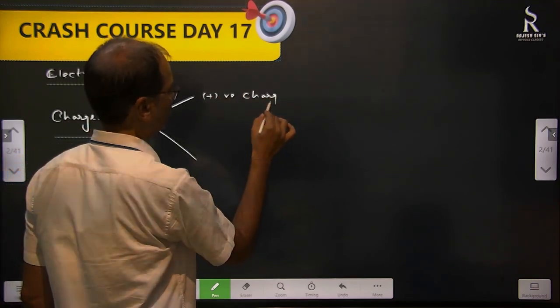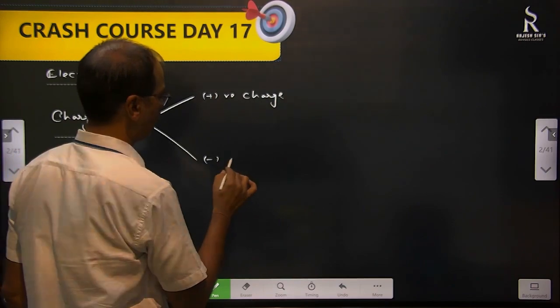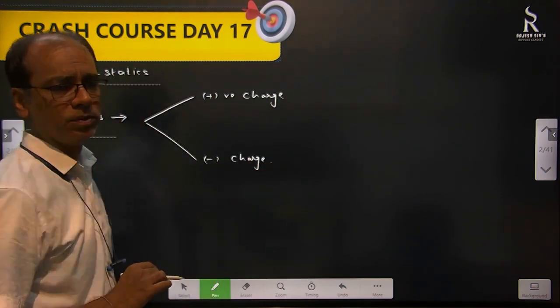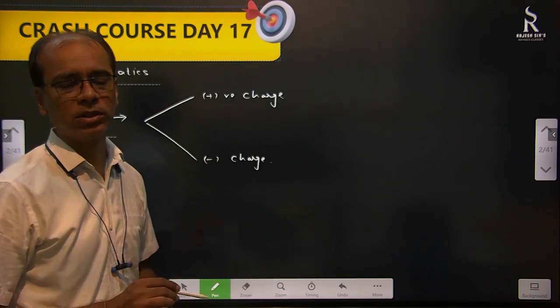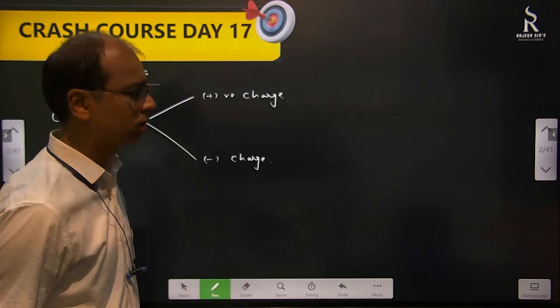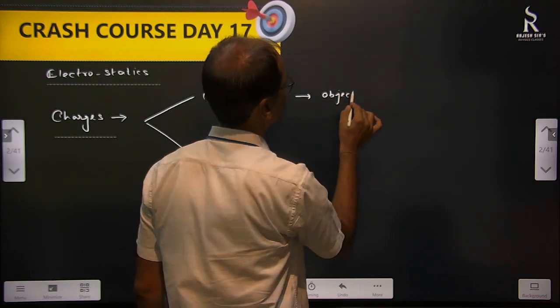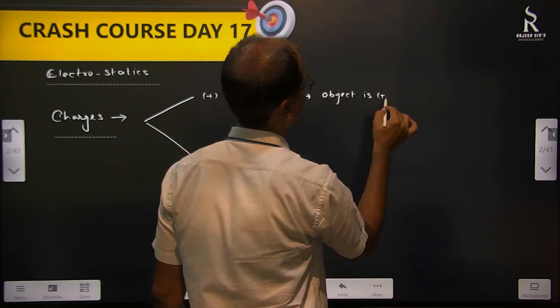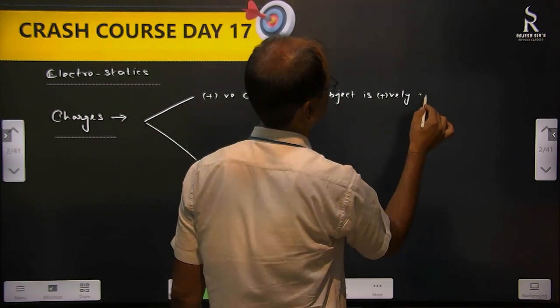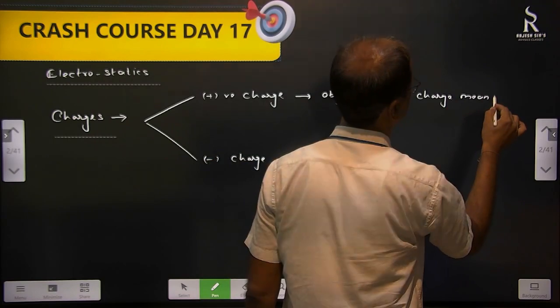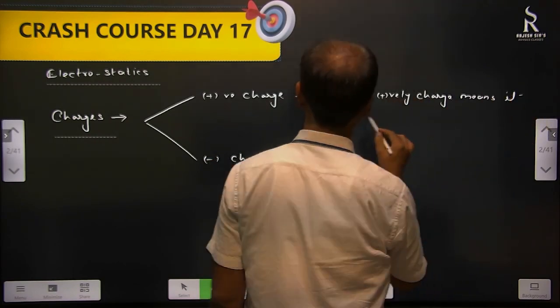Positive charge and negative charge. When we say an object is positively charged, it means it has deficiency of electrons.